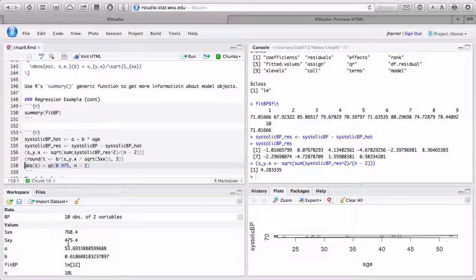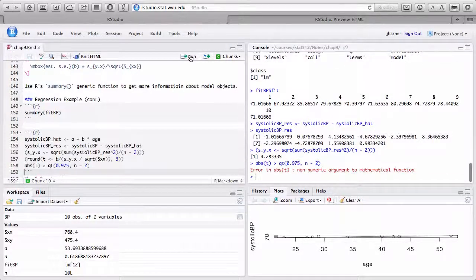Since it's symmetric, I'm just going to say, is the absolute value of my t-value greater than the upper tail? That's equivalent to saying, is your t-value without taking the absolute value less than the q of t of 0.025 or greater than the q of t of 0.975? So is it in either tail? Since it's symmetric, I'm just going to say, is the absolute value of t greater than the 0.975? And so let's see what the conclusion is.